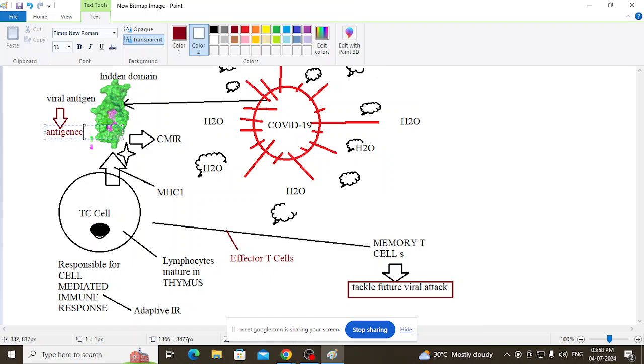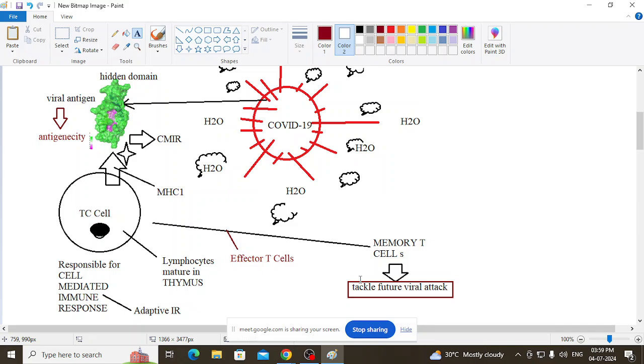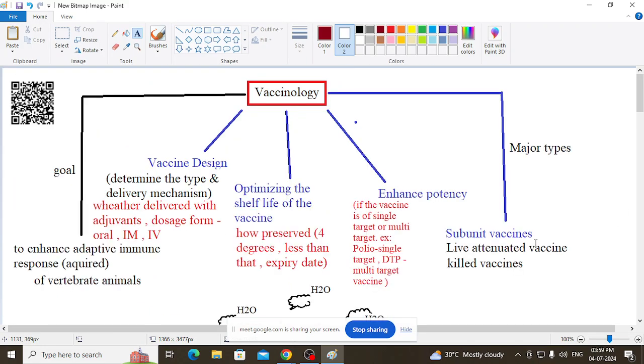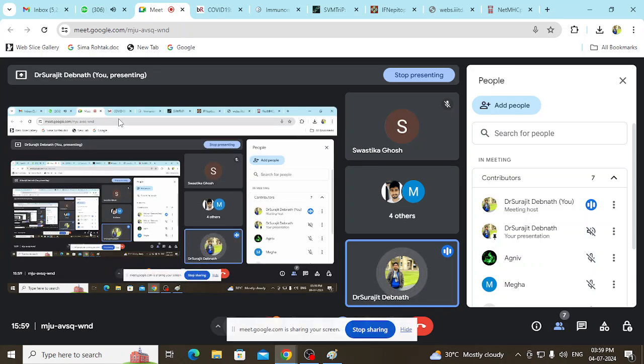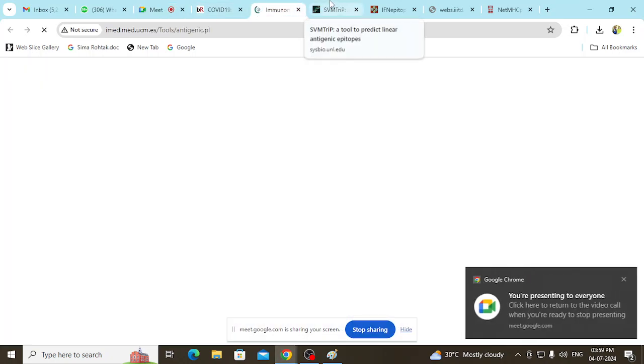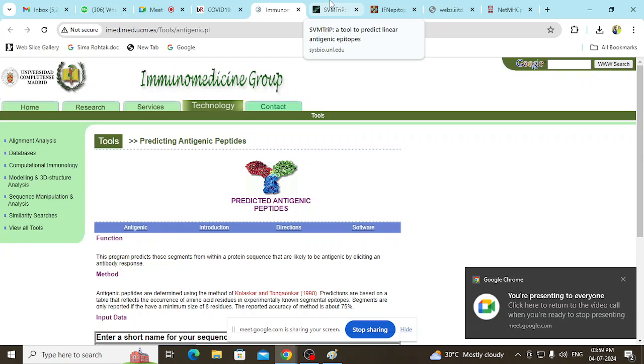Antigenicity. We shall find out antigenicity. In order to find out the antigenicity, what we should do is very important. So we'll do the assessment of antigenicity first.